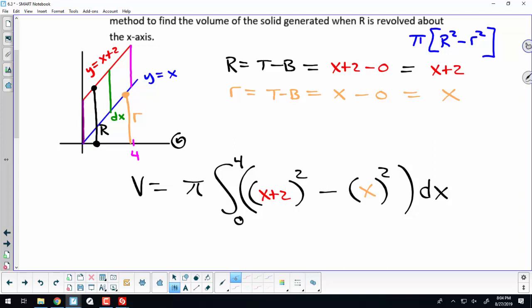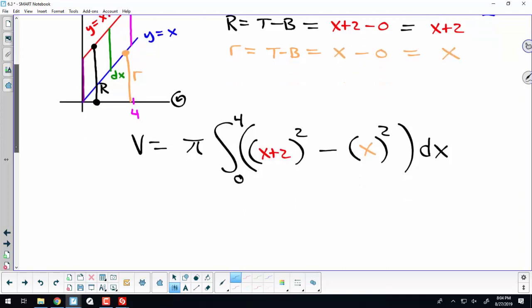Any questions on the setup? So here I'll just say expand, combine, and then all we're doing is integrating powers of x.